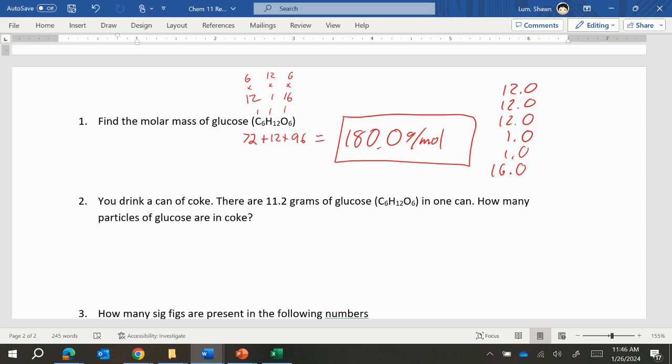When you're adding them all up, I should be putting 6 12s, 12 ones, and 6 16s. They all have 1 decimal place, so your answer needs to have 1 decimal place.